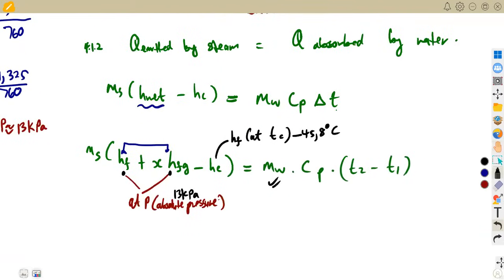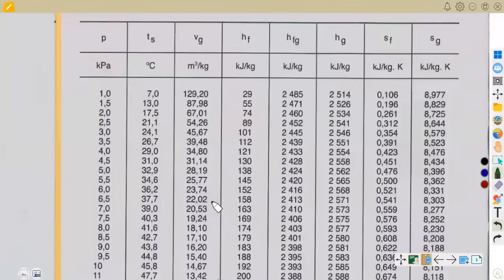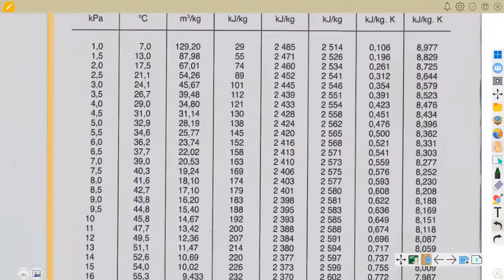So here, just going to substitute our values. That's 8,500 times HF, which is at the pressure of 13 kilopascal. So we're going to need HF and HFG at 13 kilopascal. Under pressure here, we're going to need HF and HFG at 13 kilopascal.